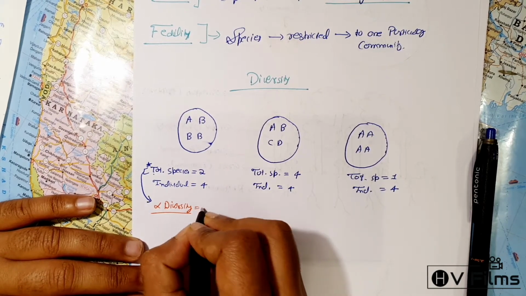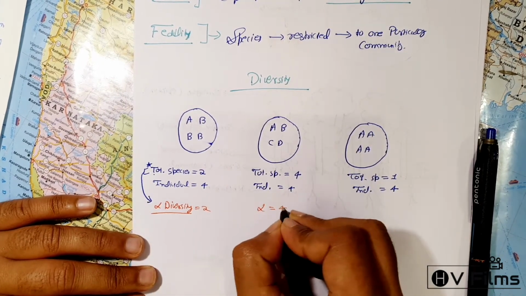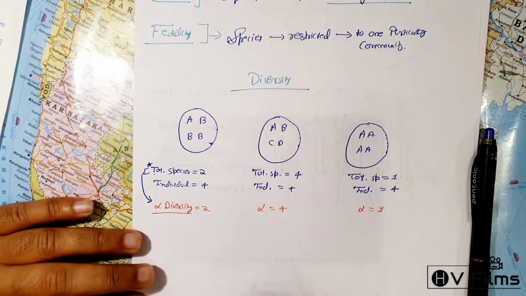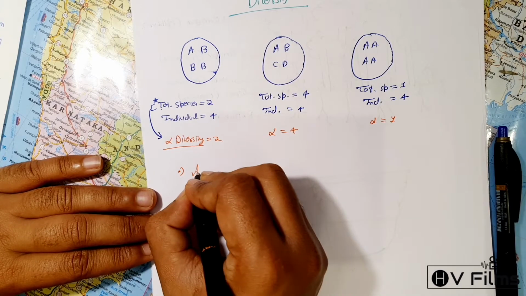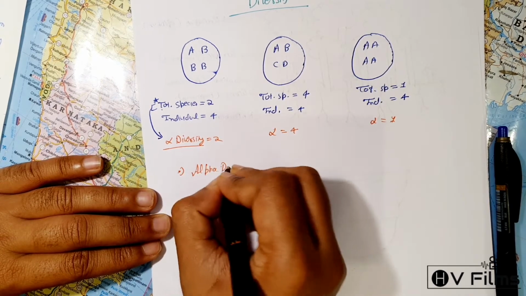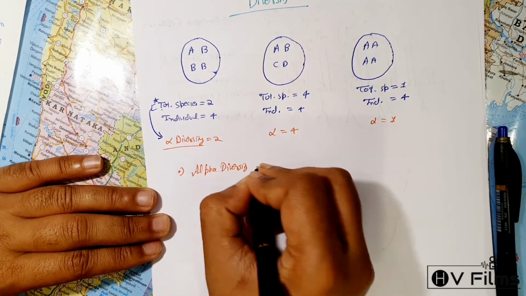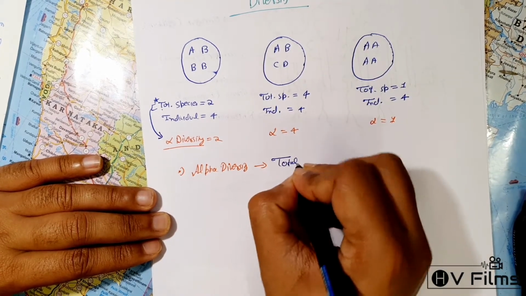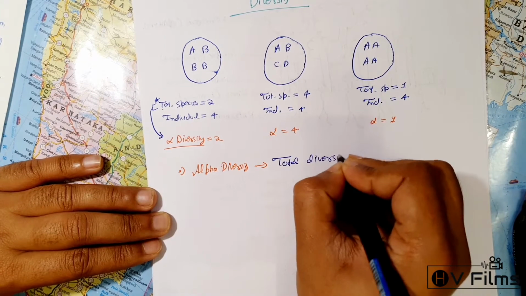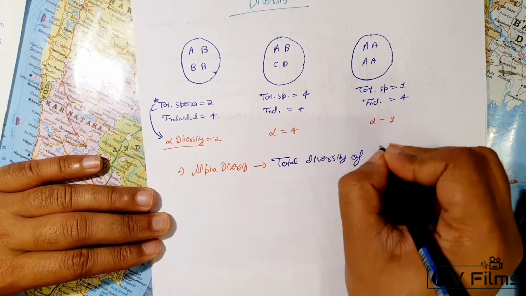So alpha diversity here is 2, here alpha is 4 and here alpha is 1. So the first thing that we need to know is that alpha diversity is basically the total diversity of species.